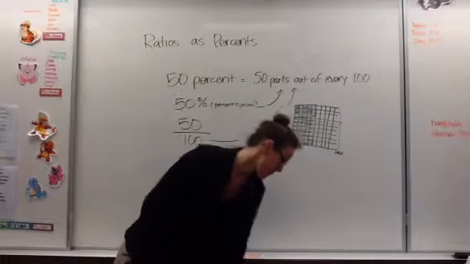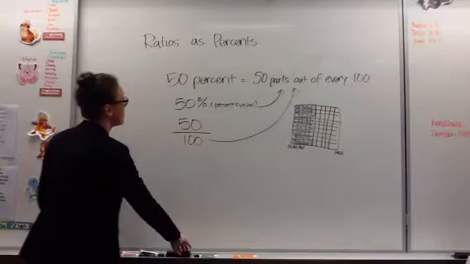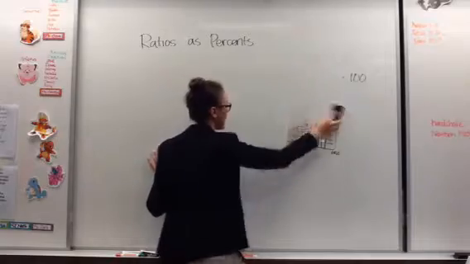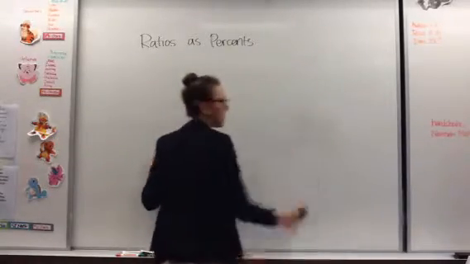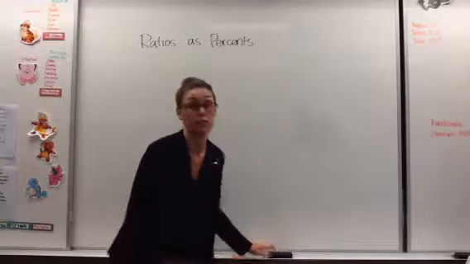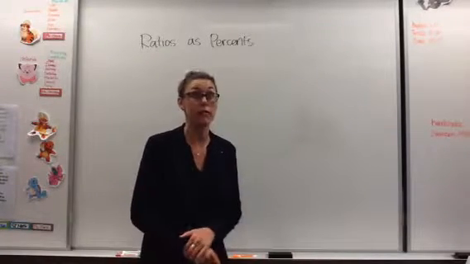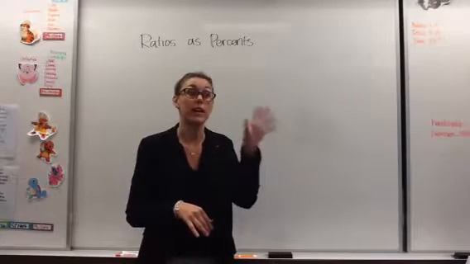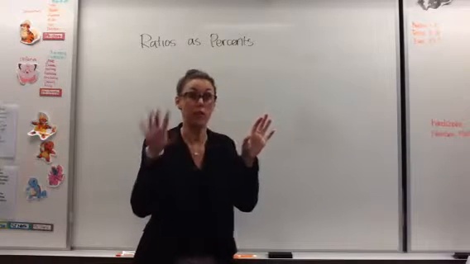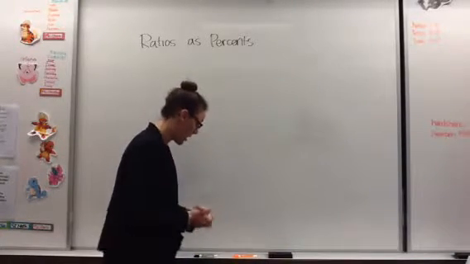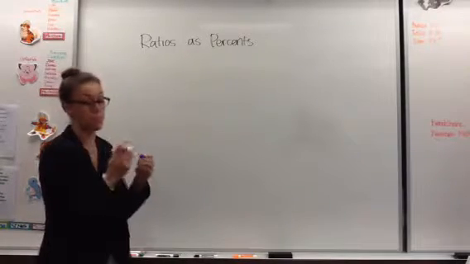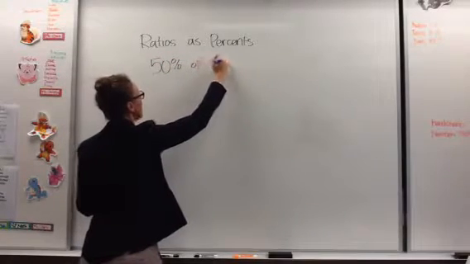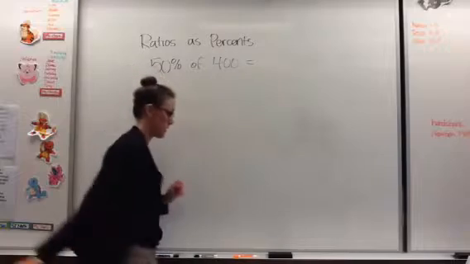Let's start with some problems now. We are going to start finding a percent of different numbers, so we could find a percent of a whole, or we can find a part of a whole. So let's take this problem first. 50% of 400 equals.